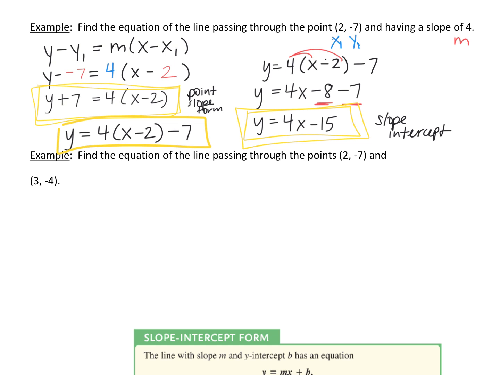So equation of the line passing through the points 2, negative 7, and 3, negative 4. You've got points. Do you know the slope? No. So what do you think you should do? Find the slope. Okay. Can you find the slope for me, please? I will do it on the board if you need me to, but see if you can do it yourself. You just did a progress check on this.